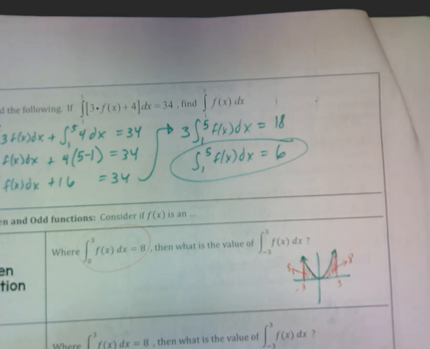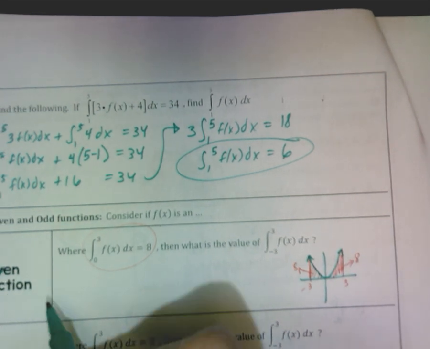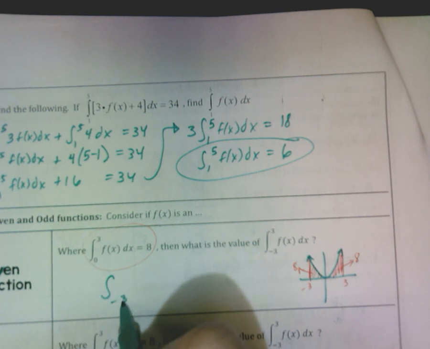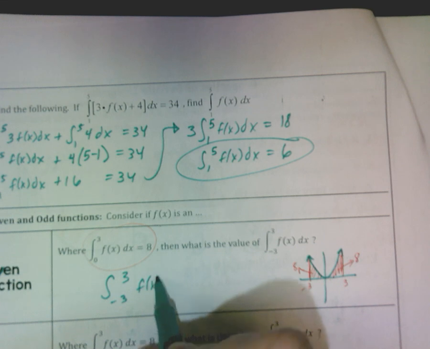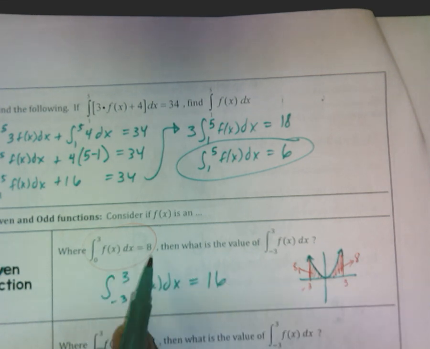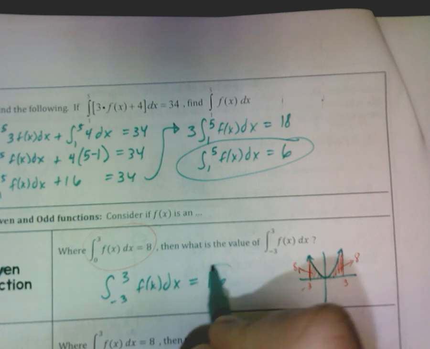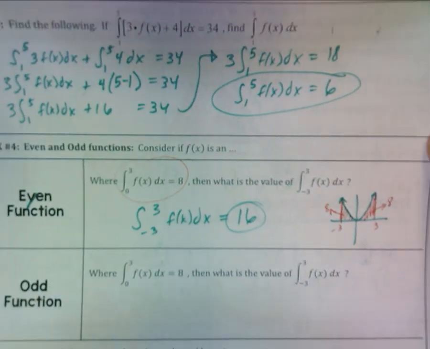Because it's even, symmetrical? And actually, that's what happens with an even function. If you go from negative 3 to 3 for an even function of f of x dx, then whatever half of it is, you just double it. It's 16.